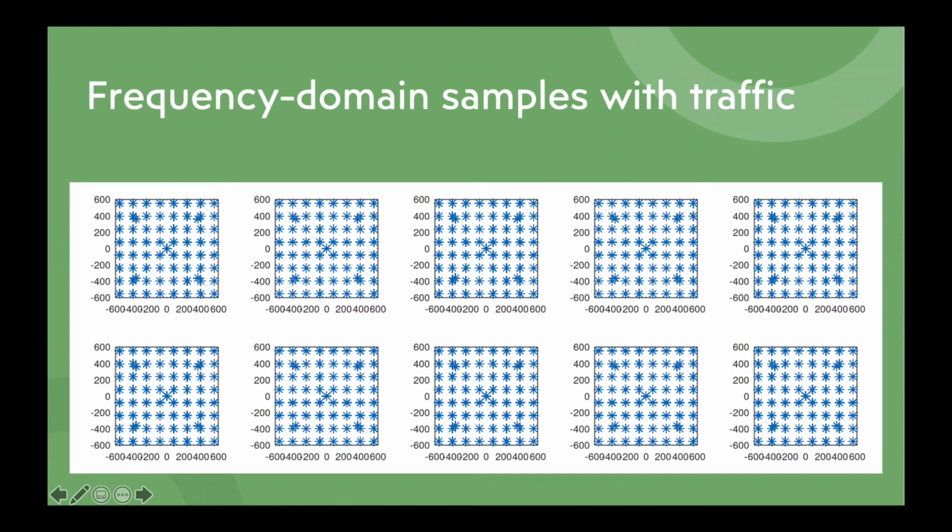Let's analyze the system with traffic, but for frames that don't have the cache. So if you see here, the constellations or the samples for all subframes belong to the PMCH.